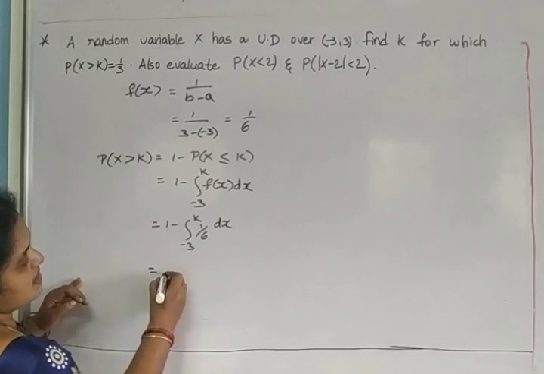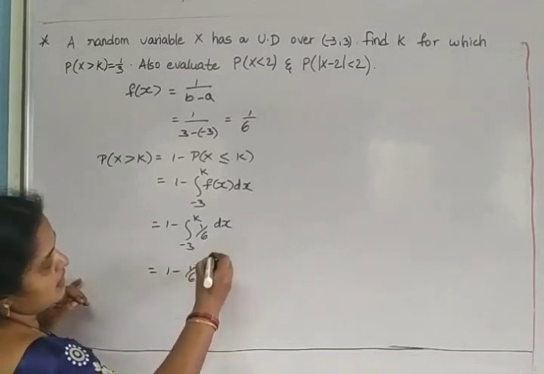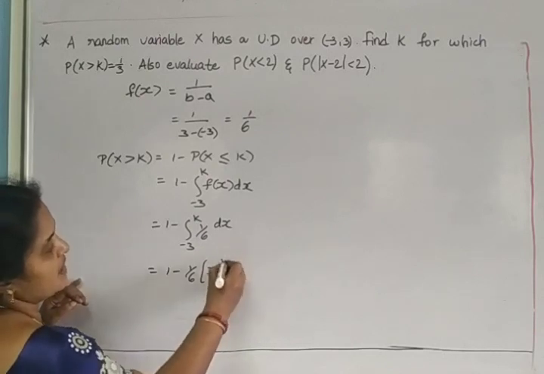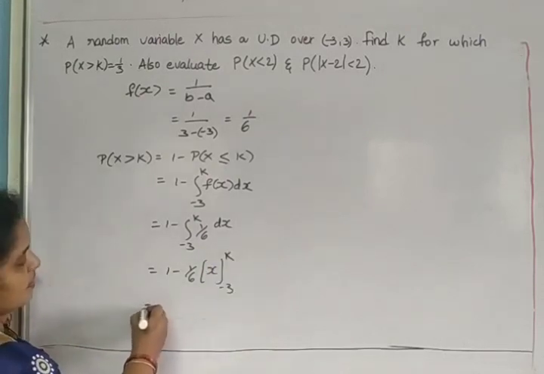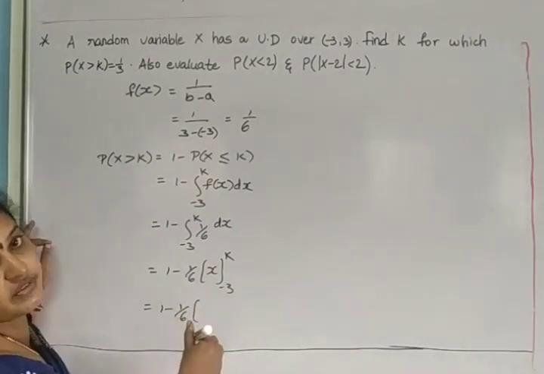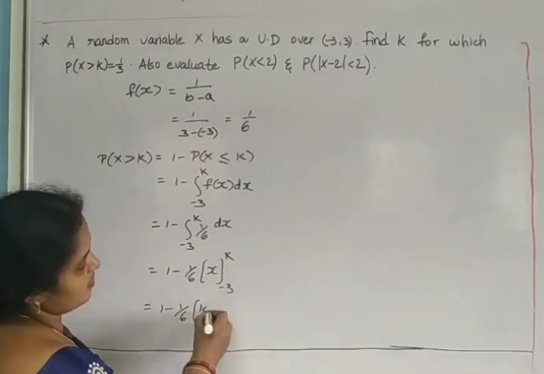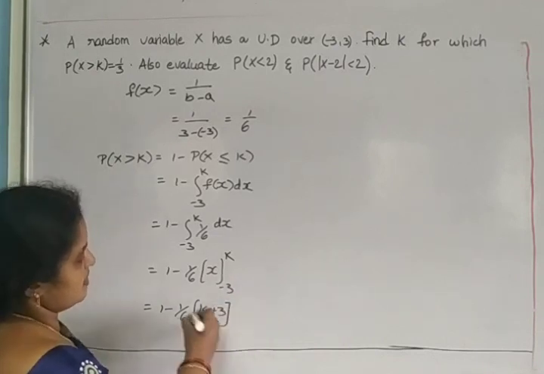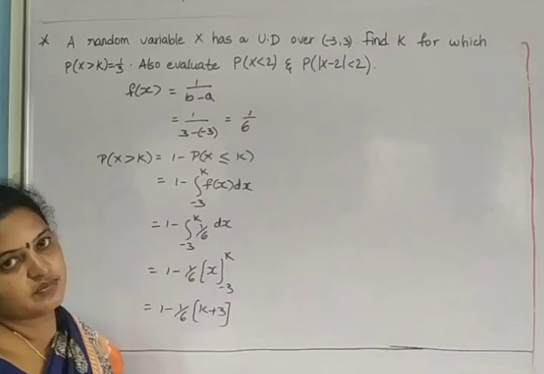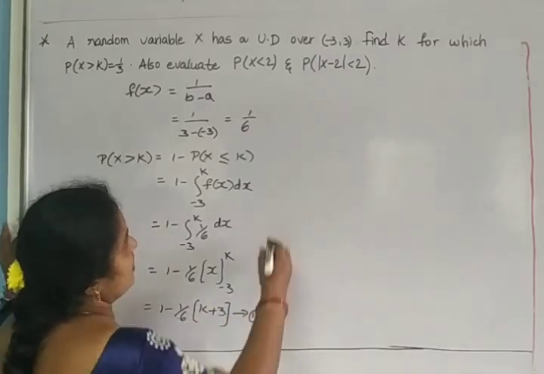So which implies 1 minus 1 by 6 into x. Here the limits are minus 3 to k. So 1 minus 1 by 6 into upper limit value k minus lower limit, so minus of minus is plus, that is k plus 3 divided by 6. This is to be taken as equation 1.